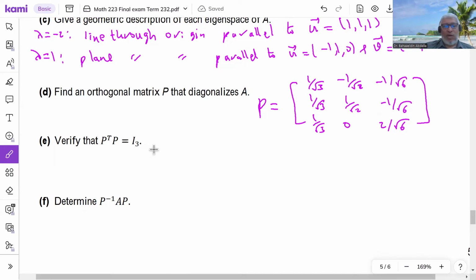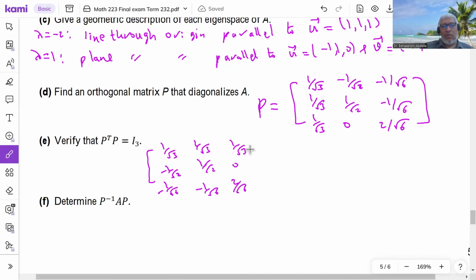This is for you. Write P transpose: 1 over square root of 3, -1 over square root of 2, -1 over square root of 6. The first row, you write it as the first column, the second row as the second column, and the third row as the third column.